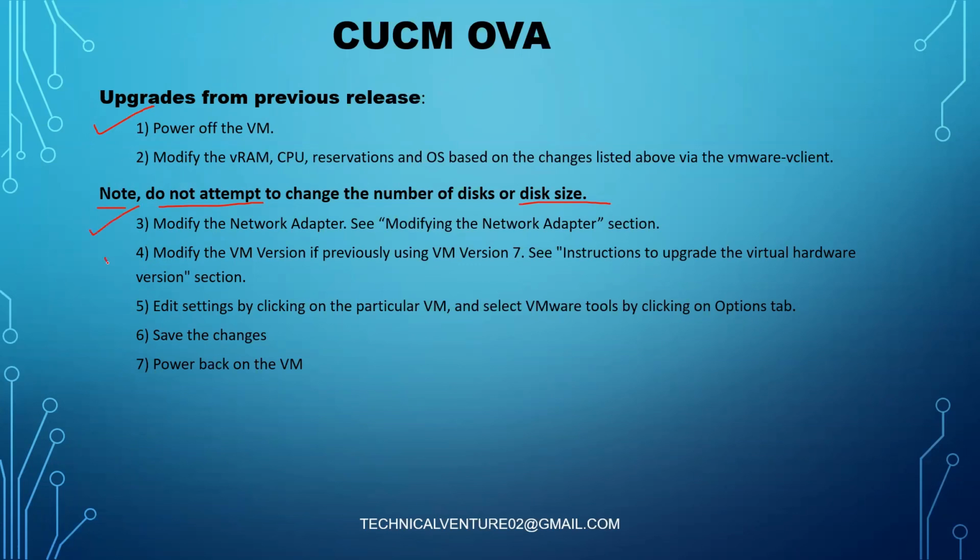Modify the VM version if previously using VM version 7. And you can see the instructions to upgrade virtual hardware. We already went to edit settings by clicking on the virtual VM, selected the tools, saved the changes, and then we power on the virtual machine.